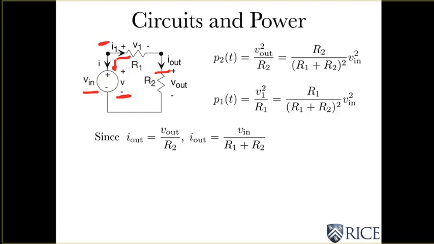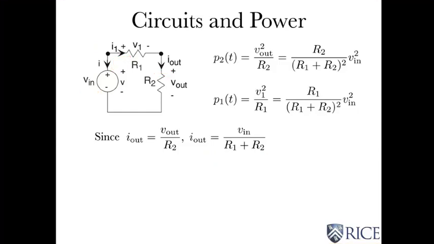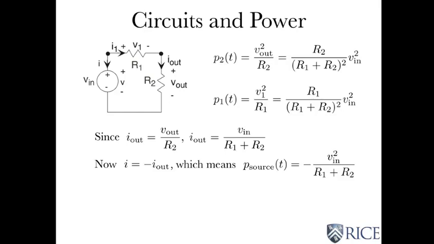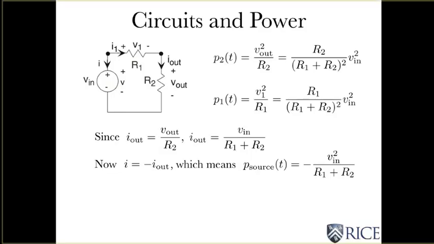So if I just find I out, which is given by the voltage that we found divided by R2, I will be equal to minus I out, and what we get for the power produced by the source is the negative of Vn squared divided by R1 plus R2. And negative means it produces power. It is the one that is producing the power in the circuit.